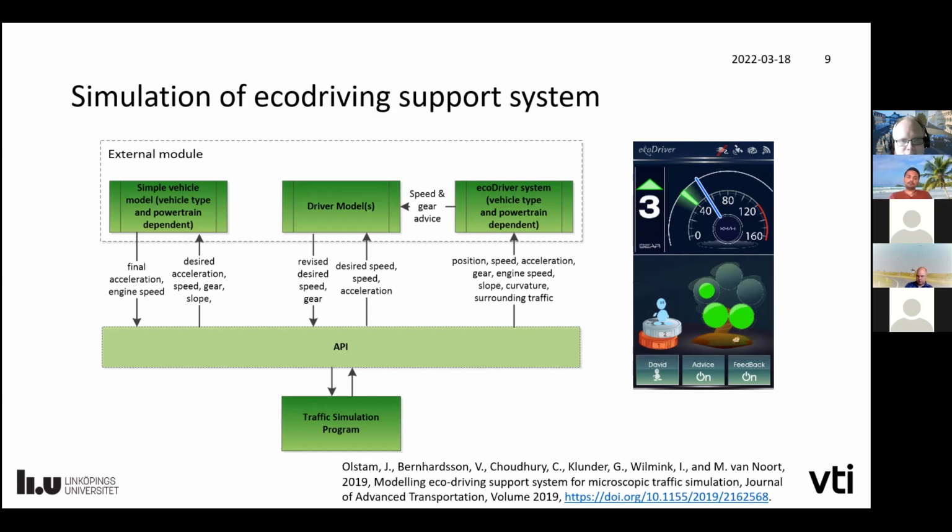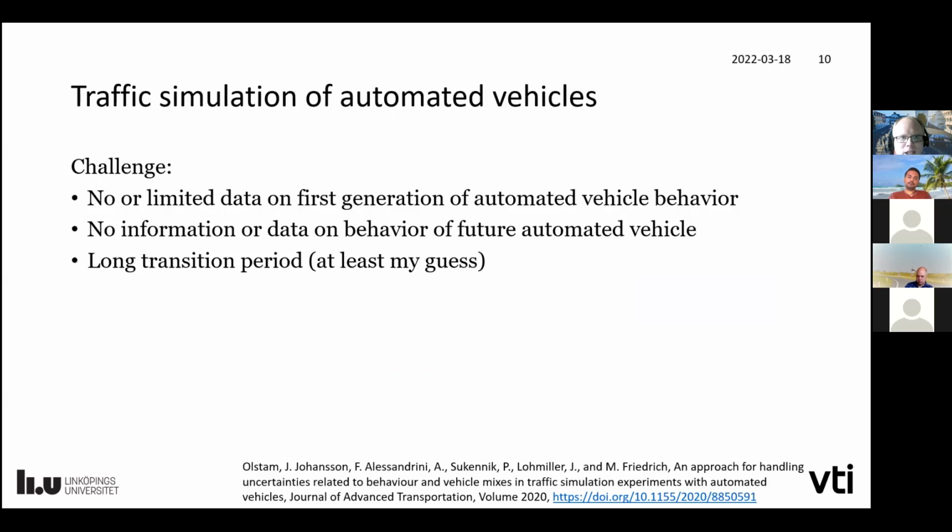But I think this was the first steps towards what we are more in today, which is that traffic simulation of drive support systems is maybe not obsolete, but the focus is now more on the traffic simulation of automated vehicles, with the problem that there is some data on the first generation of automated vehicles.